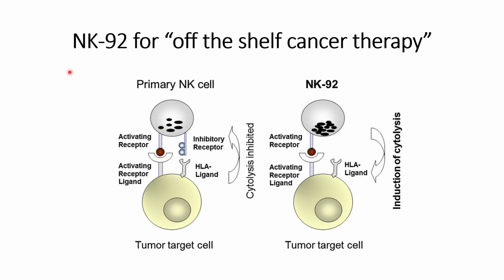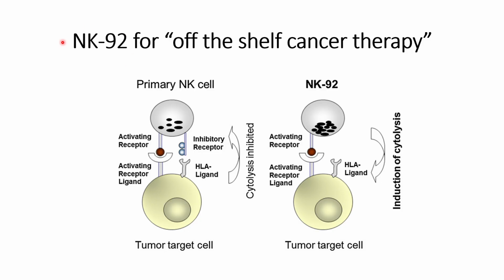In this video, we will discuss why NK-92 cells are preferred for off-the-shelf cancer therapy. One of the advantages of this off-the-shelf cancer therapy is that one doesn't need to design these NK-92 cells from the patient's NK cells.